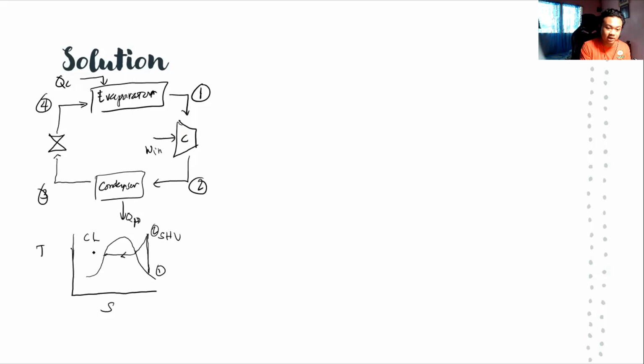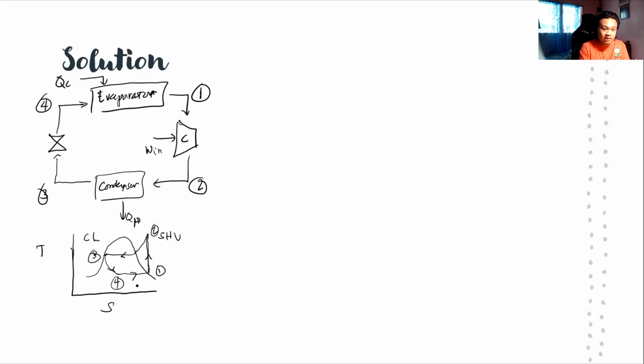This is actually our state 3. After that we go to the throttling valve. This step is 4. Okay, so that's how it goes. So 1, 2, and then the cycle repeats.